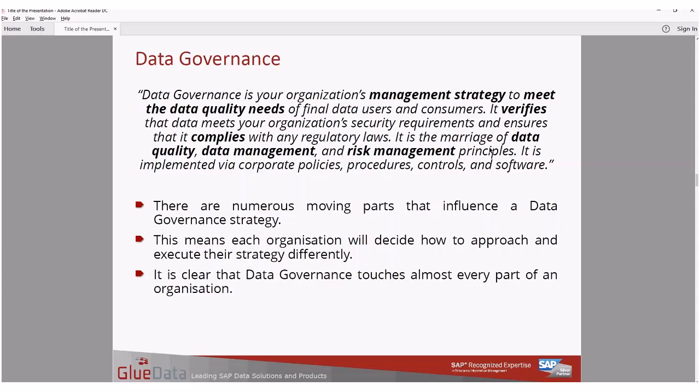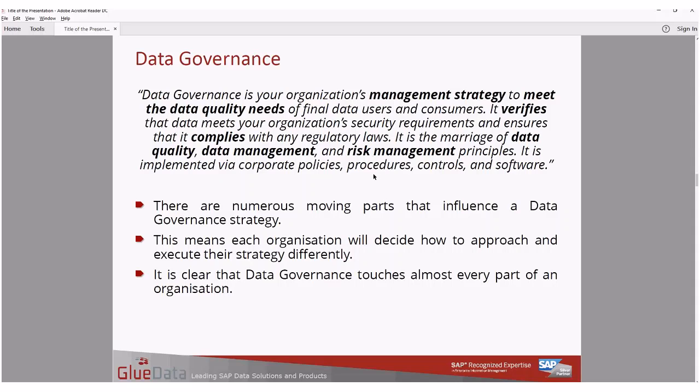Okay, you're reducing your risk. I mean, if you don't conform to, let's say, POPI or GDPR or something like that, you can stand to be fined as an organization. So by implementing these controls here, you are reducing the risk and effectively, maybe saving a bit of money if you were at risk of that. So data governance is this marriage of data quality, data management, and these risk management principles.